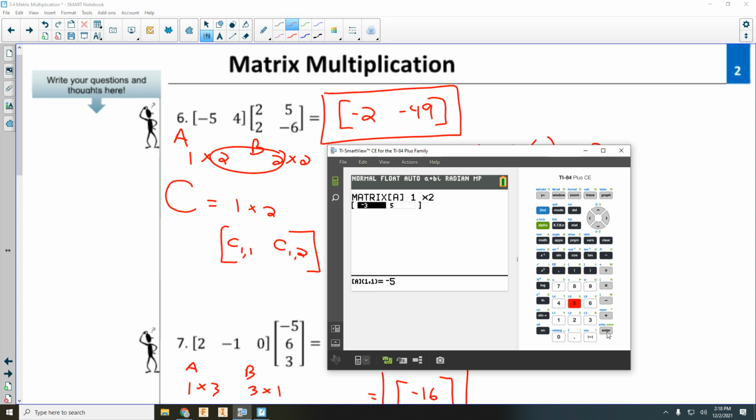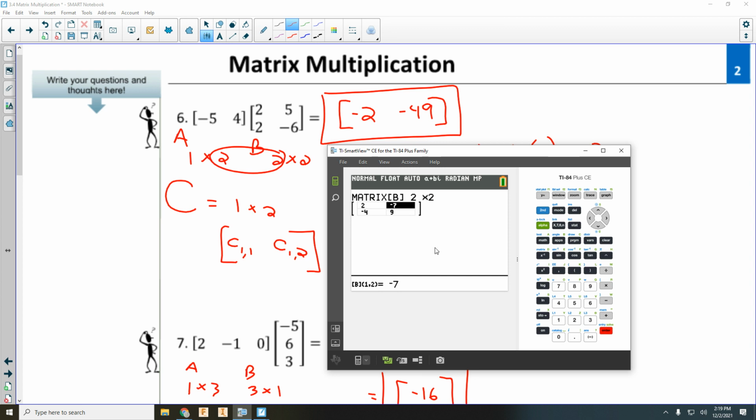Negative 5, 4. So there's matrix A. And then I'll edit matrix B, which is 2 by 2, which I have the right size. So now I just need to put my numbers in.